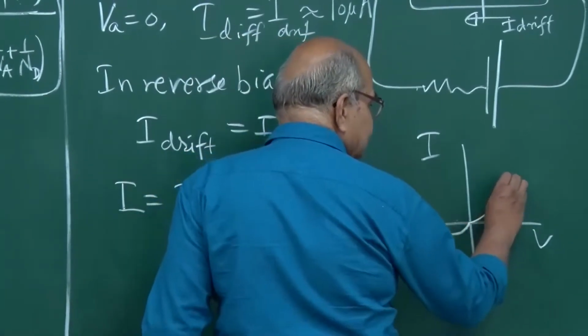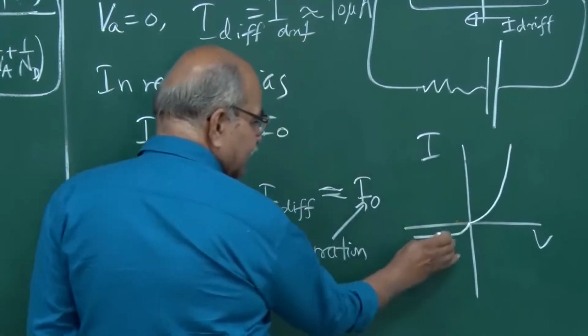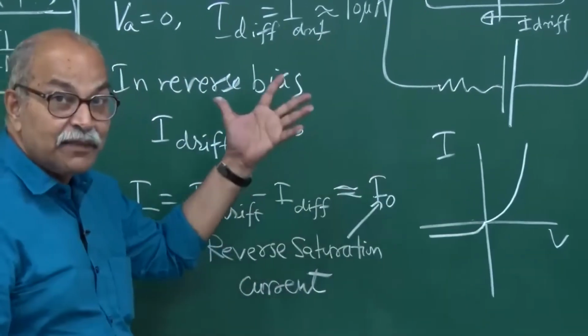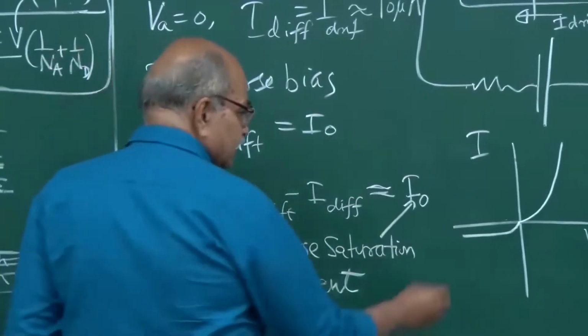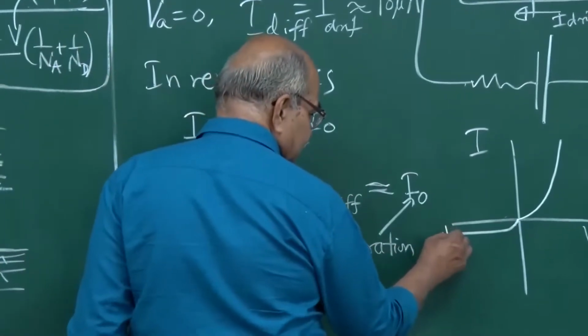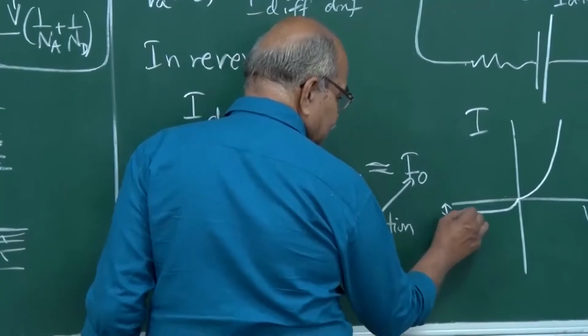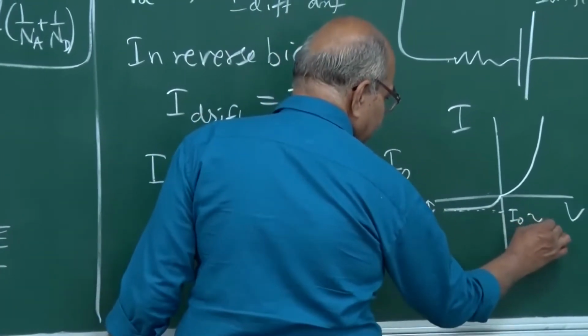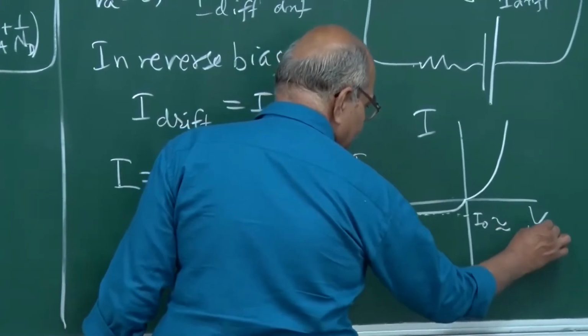But the scales for this side and this side are very different. If you want to show it on the same plot, this reverse saturation current, this I naught here, is of the order of a few microamperes.